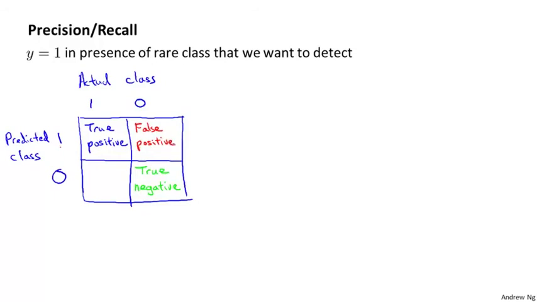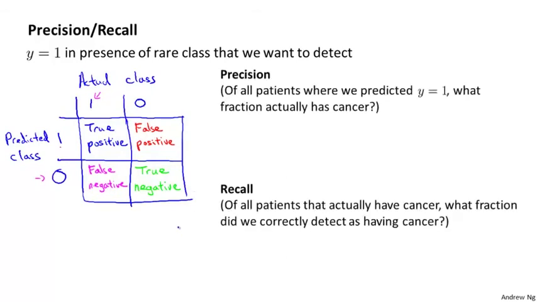So that means our algorithm thought the patient has cancer, but in reality the patient does not. And finally, the last box is a 0, 1. That's called a false negative, because our algorithm predicted 0, but the actual class was 1. And so we have this little 2x2 table based on what was the actual class and what was the predicted class.